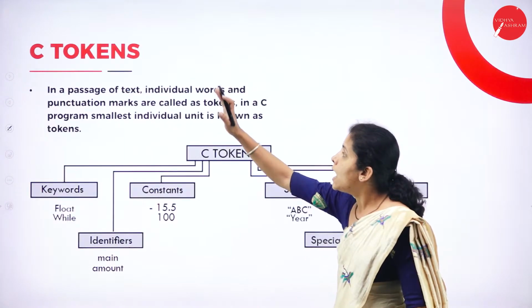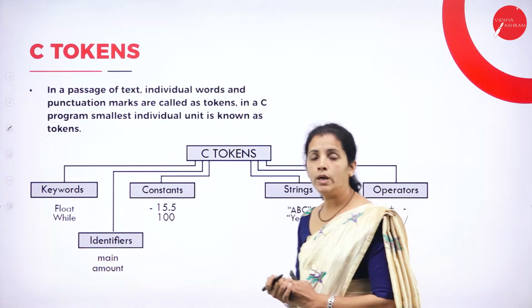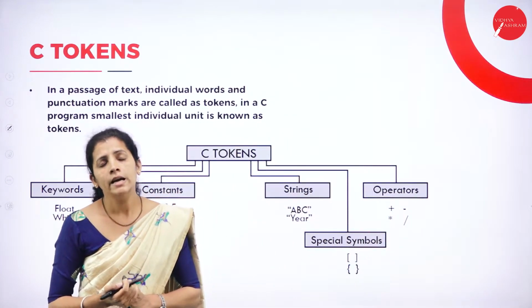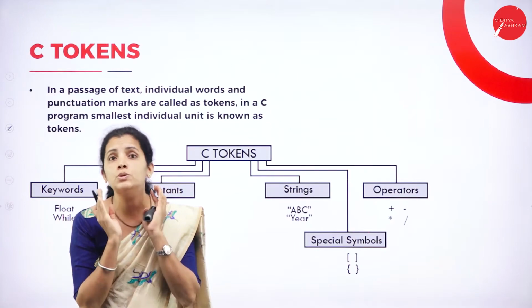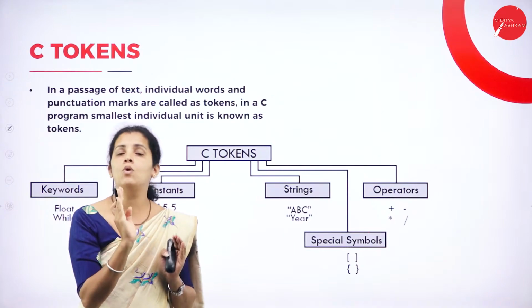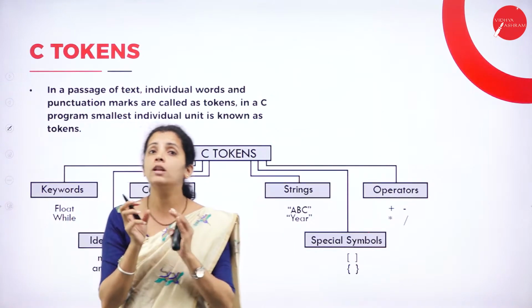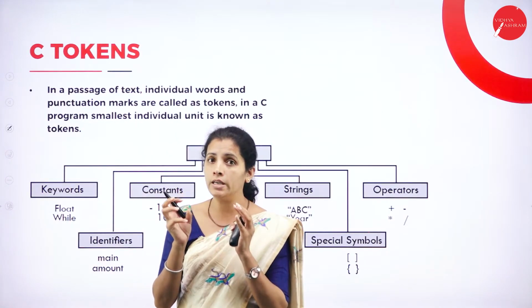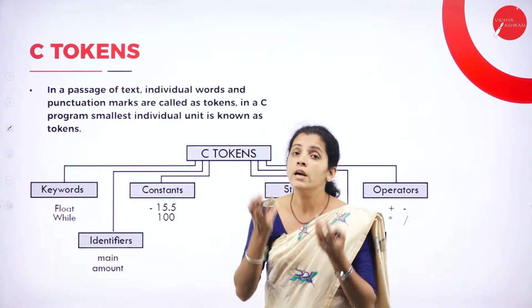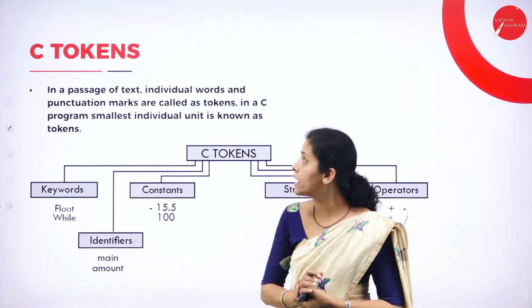Now, I'm going to start with C tokens. So what is this token? It's the smallest individual unit. Suppose I want to write any program, I must have the smallest individual units, and I'm going to club all these units together in order to form the program.